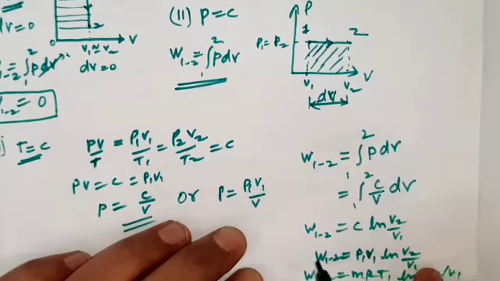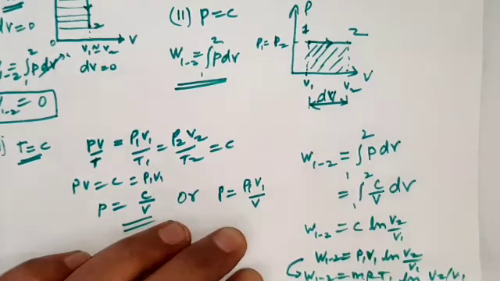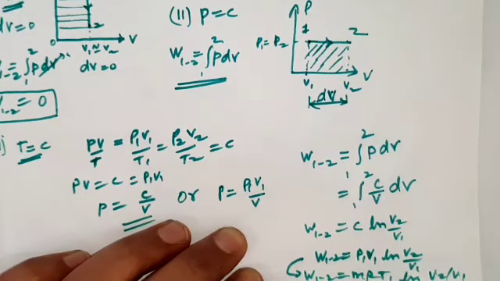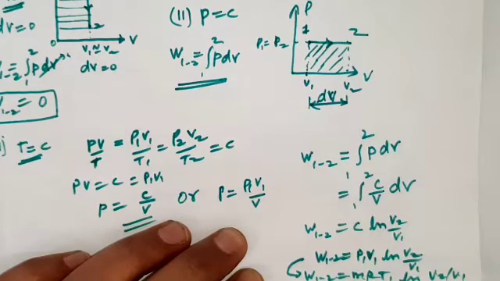That's why we can write this formula like this. So for the isothermal process, work done by the piston W1 to 2 will be equal to MRT1 ln V2 upon V1.